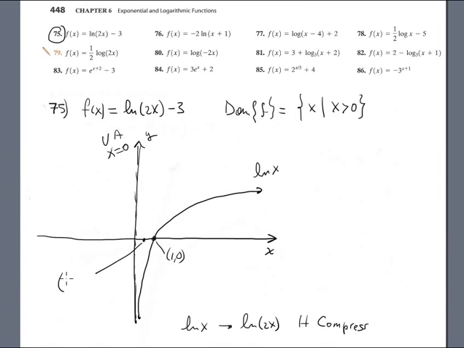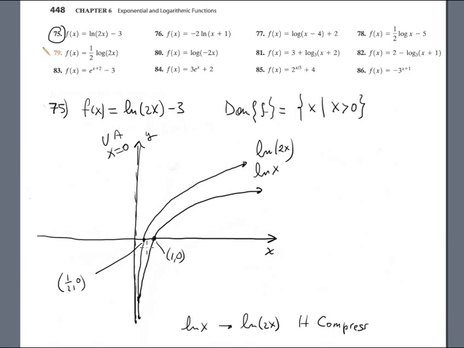This point is the point (1/2, 0), because when you plug in 1/2 here, 1/2 times 2 is 1, and the logarithm of 1 is 0. For the moment I forgot the 3 because I consider it step by step. Now the new curve looks like that, the horizontal compression.